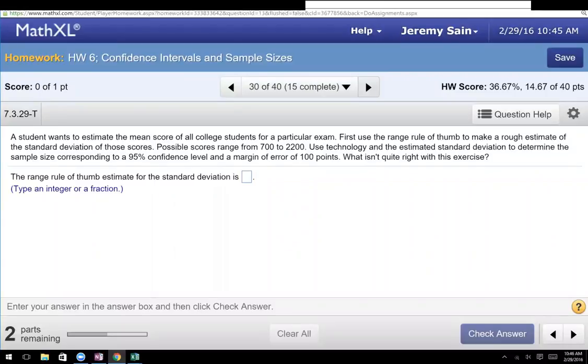Don't you love it when it says, what isn't quite right with this exercise? The means for college students for an exam, use the range rule of thumb to make a rough estimate. Possible scores are from that to that. Use technology to find the estimated standard deviation and determine the sample size.